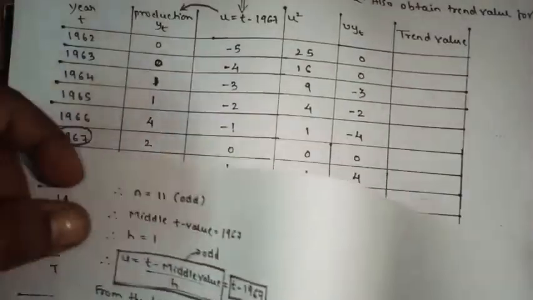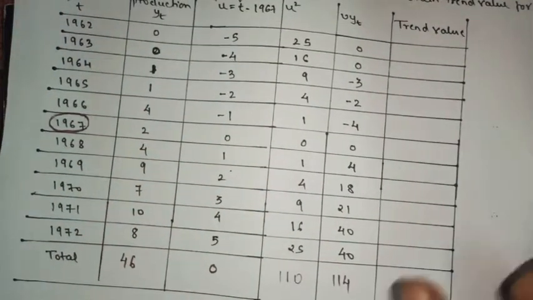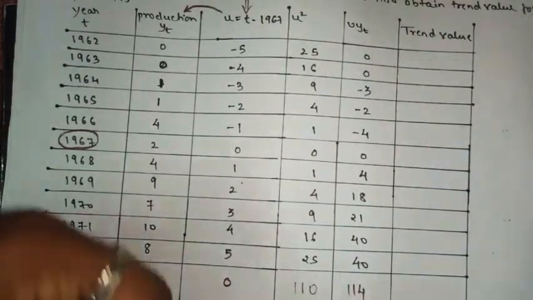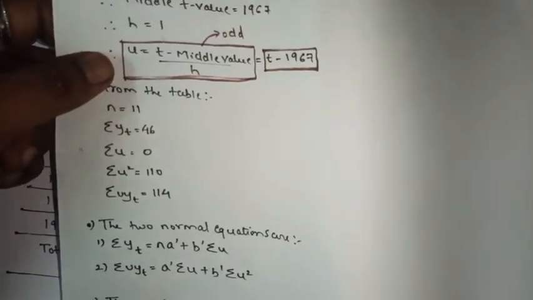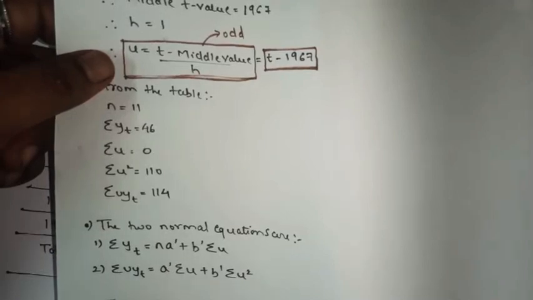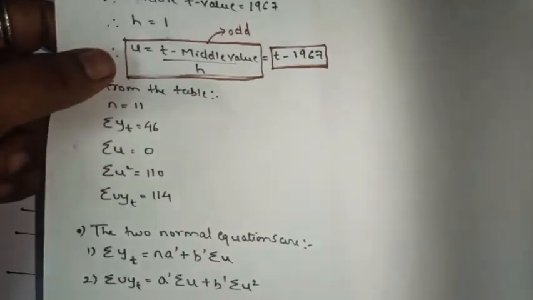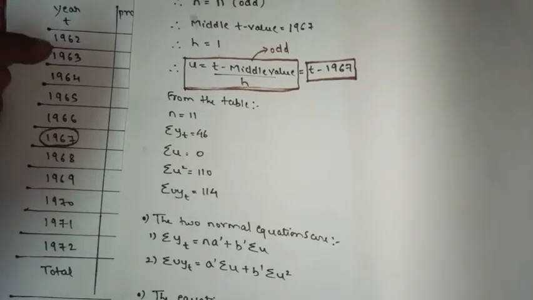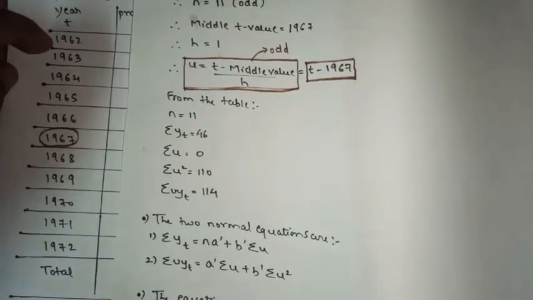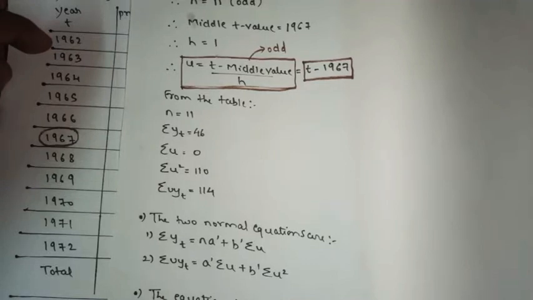Okay, now that means we have to find the trend value using the formula, that is yt equals a dash plus b dash u. So when you put the first year in place of t, when you put 1962, for the year 1962 we require the value.